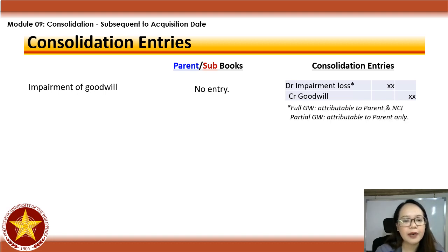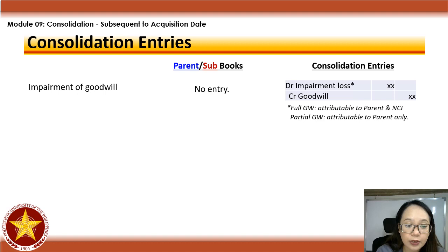Pero, okay, iba kasi siya. Check mo muna, paano mo ba ni-record si goodwill nung date of acquisition? Is the NCI recorded at fair value or at its proportionate share? Full goodwill ba siya or partial goodwill? Kasi kapag full goodwill, dapat may share din sa impairment loss si NCI kasi silang dalawa ni parent yung may-ari ng goodwill.